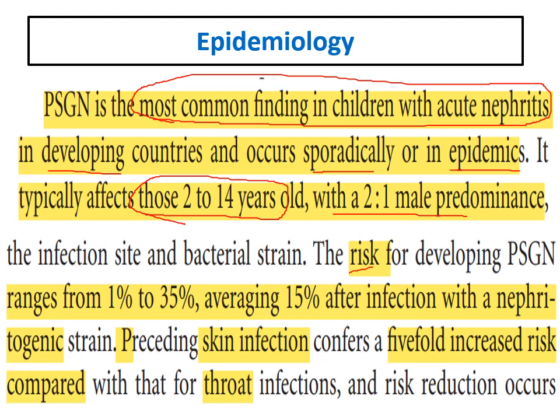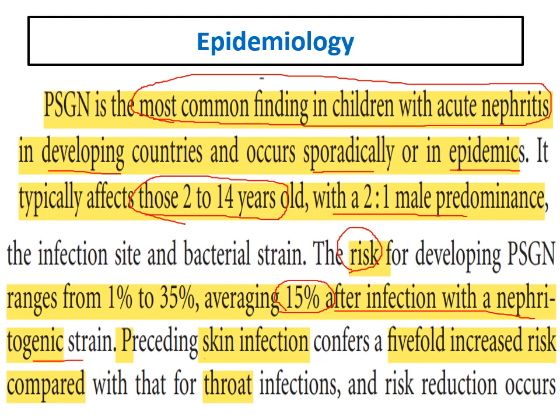The average risk of developing post-streptococcal glomerulonephritis following infection with a nephrogenic strain is 15%. So when the patient is infected by a nephrogenic strain, the risk to have glomerulonephritis following that streptococcal infection is around 15%.